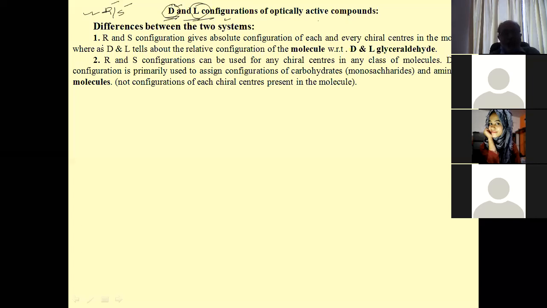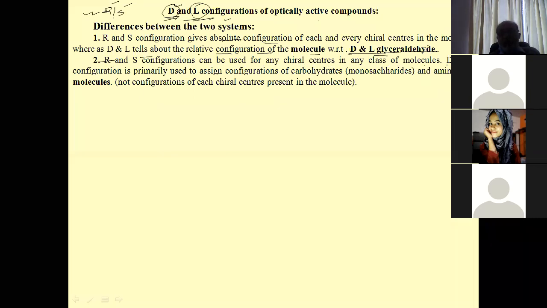And another thing, I've written here, RS configuration gives the absolute configuration of each and every chiral center. But D and L tells about the relative configuration of molecules with respect to D and L glyceraldehyde, because that is the reference molecule which is taken. An RS configuration can be used for any chiral center in any class of molecules.